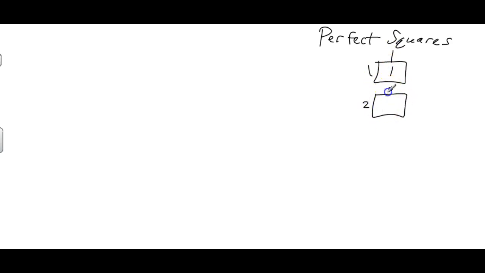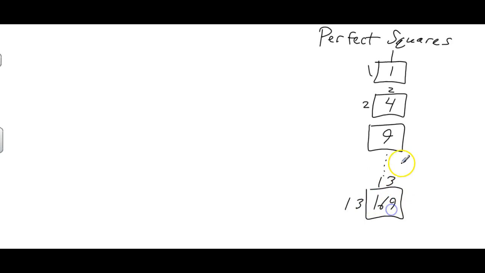If the dimensions were 2, the area would be 4 there. 1 and 4 are both perfect squares. In fact, it's very possible you know the next one, 9, maybe all the way up to 13 squared, which is 169. So you might know your perfect squares. Those numbers should look very familiar to you.